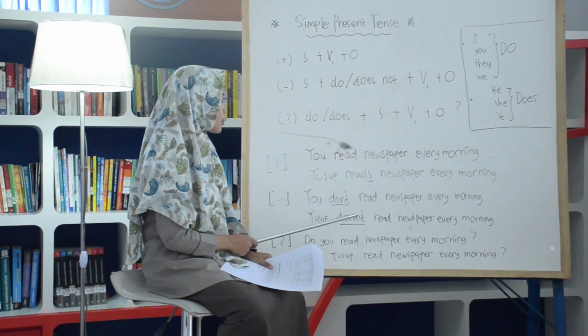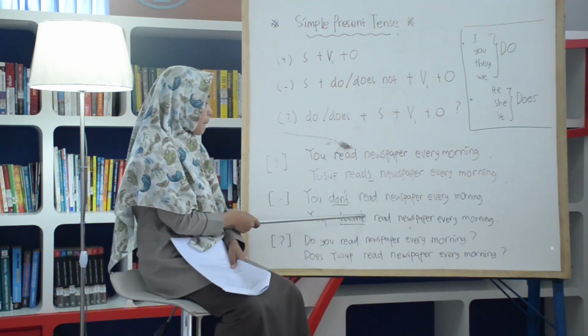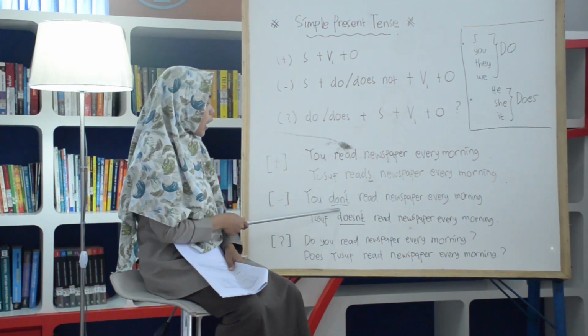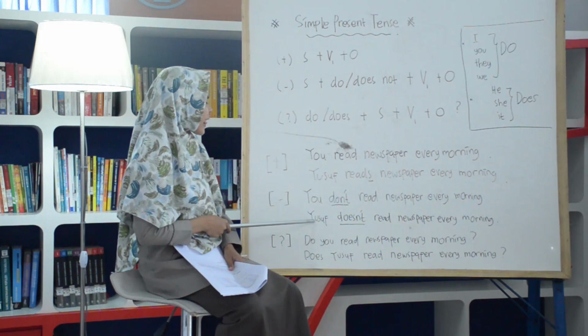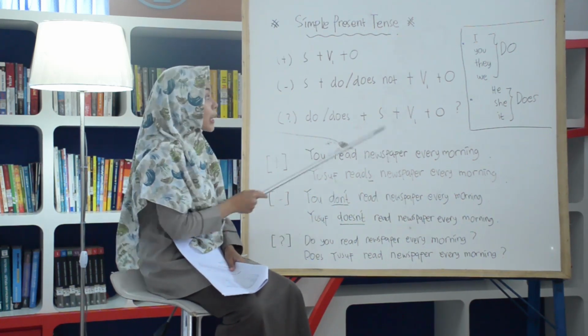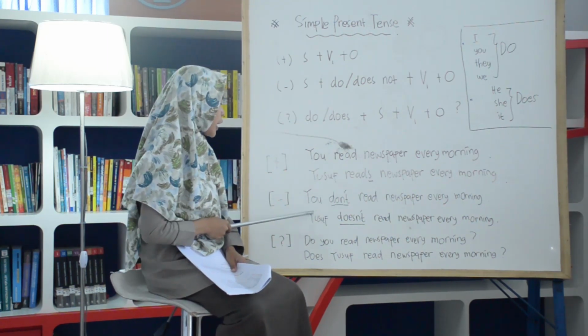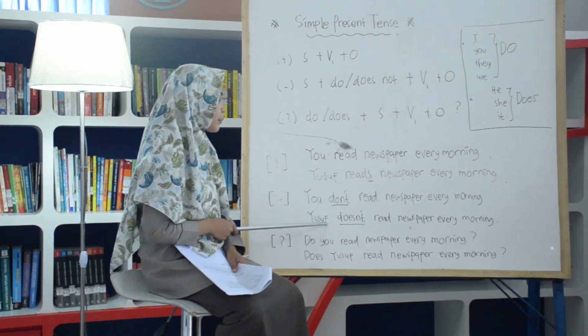And you have to add doesn't here because the subject is he, she, and it. For example, here is Yusuf.